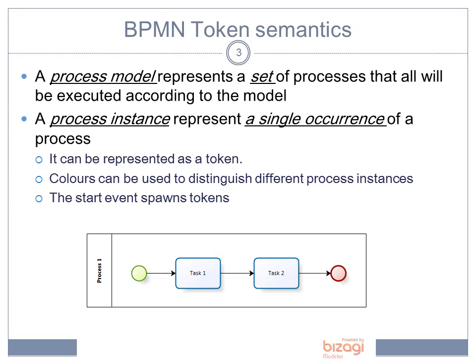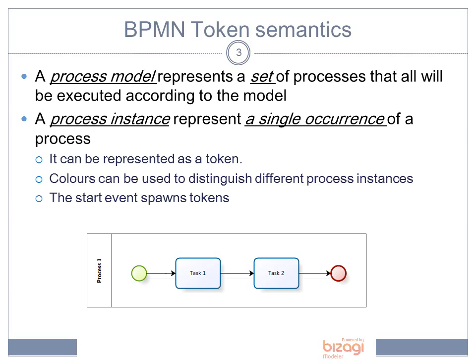Now we can represent a process instance by means of a token, and in order to distinguish the different instances from each other, we can make use of color tokens. So every token receives a color, and in this way you can follow the process instances as they go through the process. And the idea is that a start event spawns the tokens.